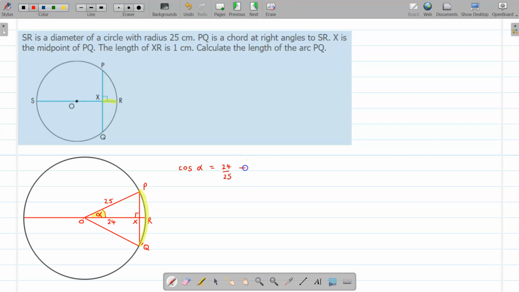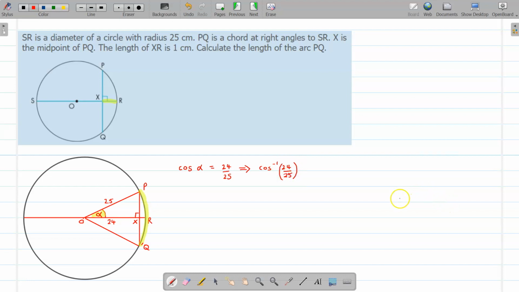And if I put on the calculator the inverse cosine of 24 over 25, that will give me the angle.